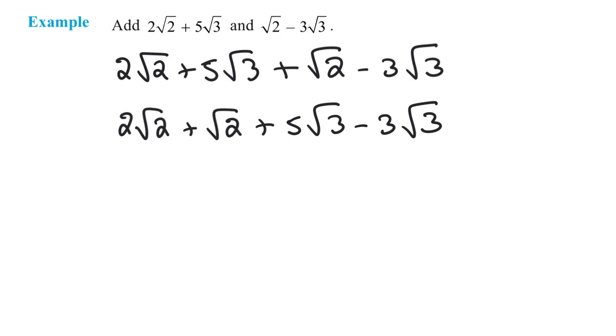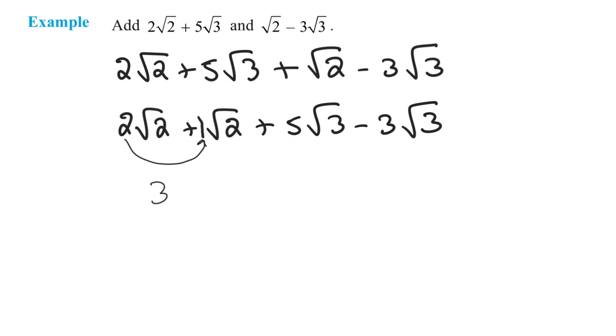Now, can I write this root 2 as 1 root 2? It is the same thing. So, when the radicals are the same, with the same numbers inside them, the numbers outside can be added. It's like terms in algebra. So, 2 plus 1 is 3.